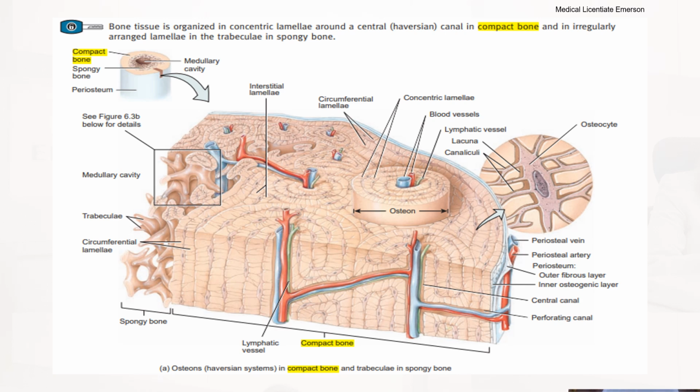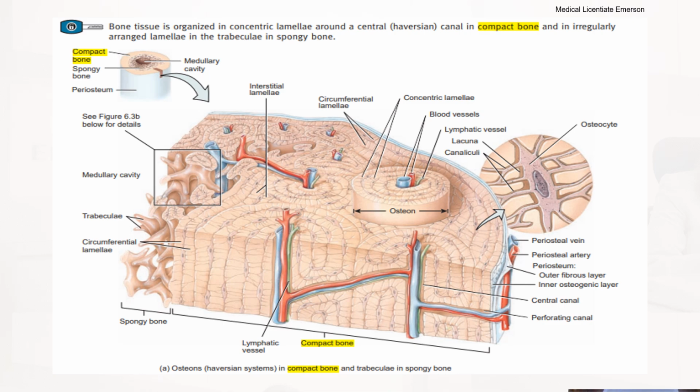Okay, so this is just demonstrating the osteons, or the Haversian system, in compact bone and the trabeculae in the spongy bone. So this is the osteon. That's an example of the osteons. Then this is the spongy bone over here. That's the trabecula here. Then the lacuna is here, and the canaliculus will be here.